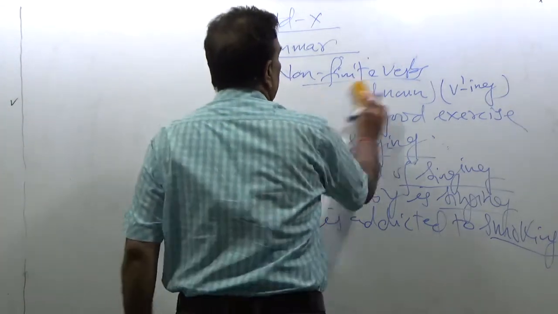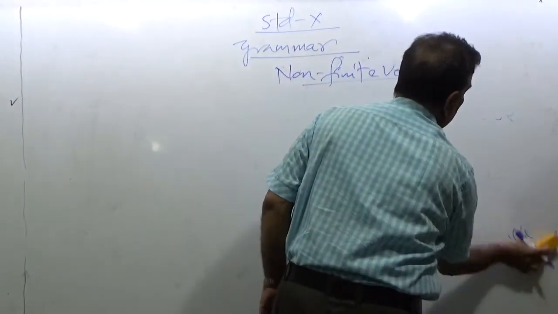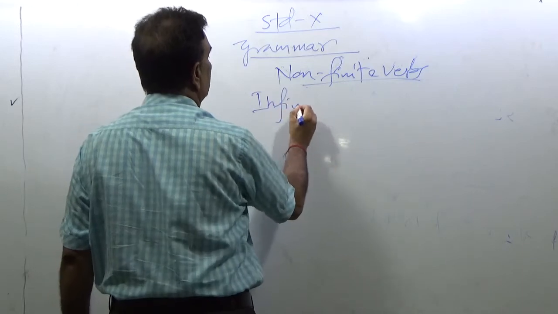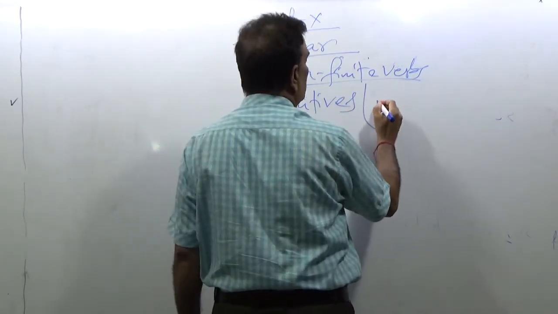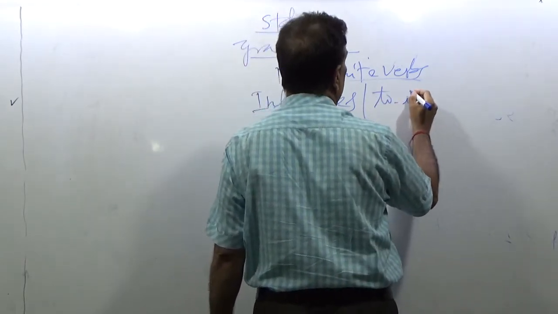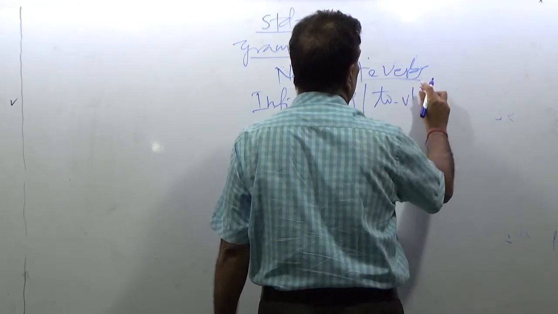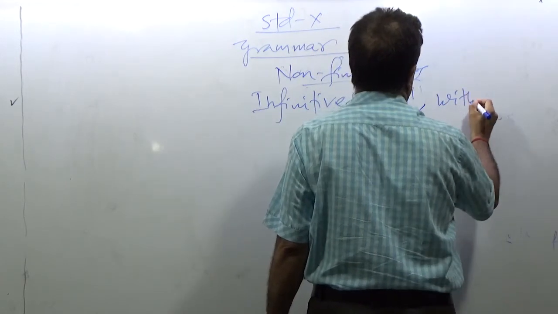Next, and the most important here in non-finite verbs, are the infinitives. And infinitives are also of two types. To infinitive, to given, and without to.